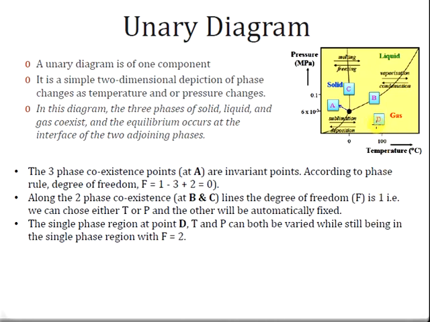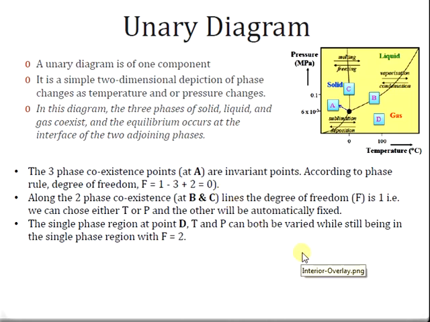At this point D, there is only a single phase, so this represents the gas state. That means in a single phase system, if you substitute into the phase rule, C minus P will be 1, so 1 minus 1 plus 2 will be 2.